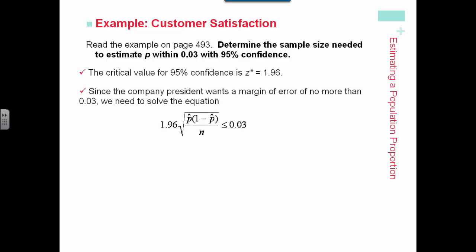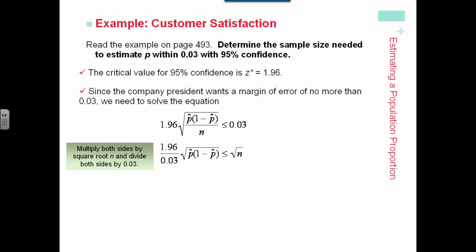Determine the sample size needed to estimate p within 0.03 with 95% confidence. The critical value is 1.96. Since the company president wants a margin of error no more than 0.03, we need to solve the equation. Multiply both sides by square root n and divide both sides by 0.03. Square both sides.